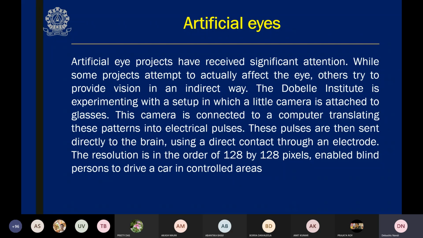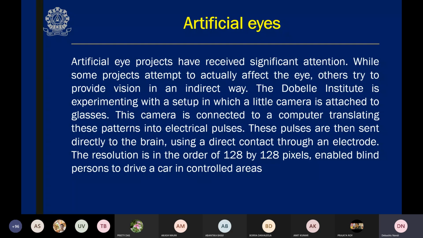Leads means different types of electrodes. These electrodes are used for sending the signal to your brain, and based on that you can take decision.